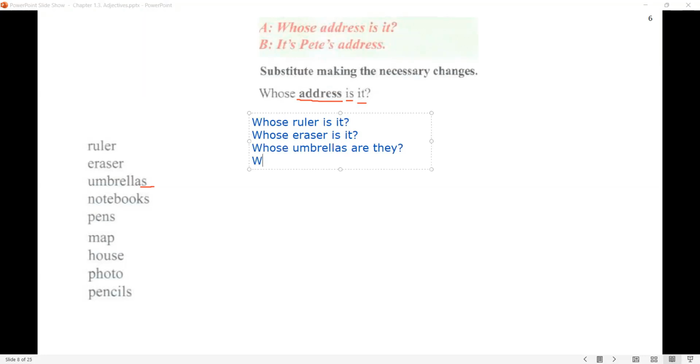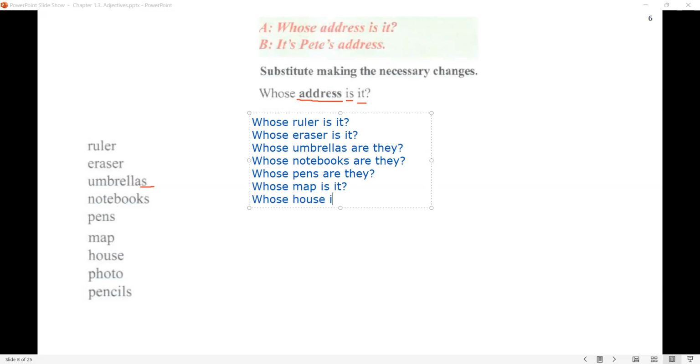Notebooks. Whose notebooks are they? Pens. Whose pens are they? Map. Whose map is it? House.